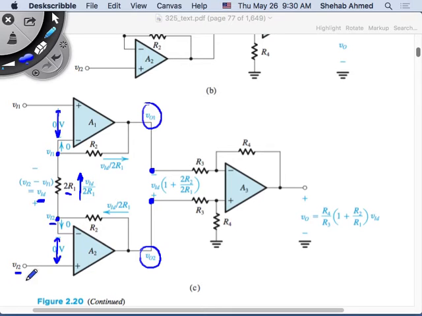I have V2 plus VCM here, and V1 plus VCM here. I subtract them from each other. I have V2 minus V1, VCM minus VCM. They're gone.